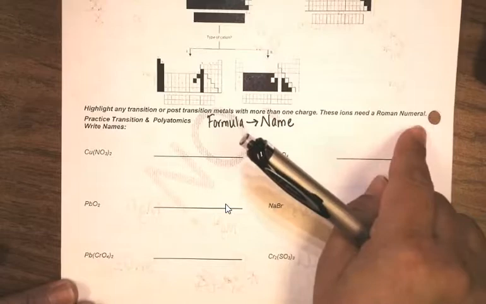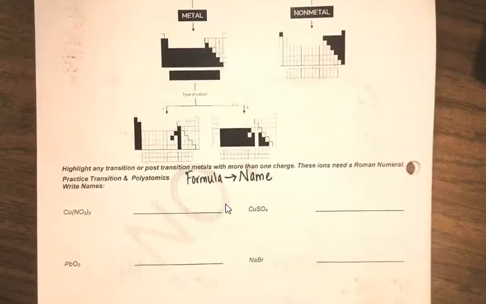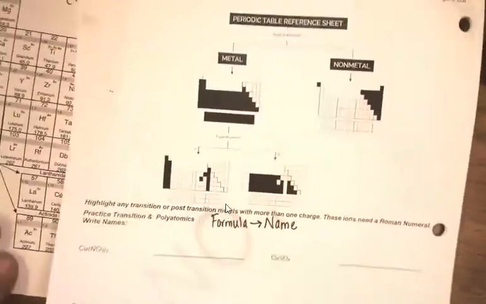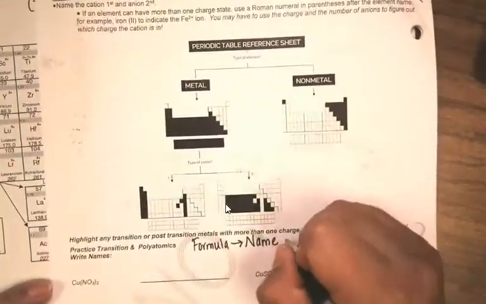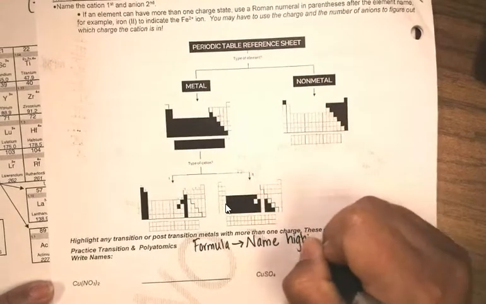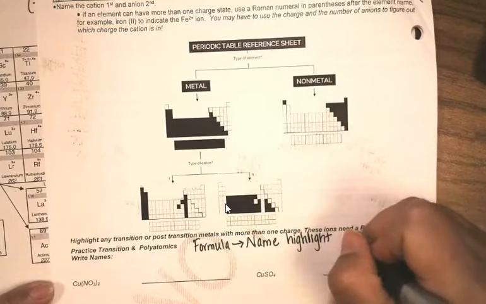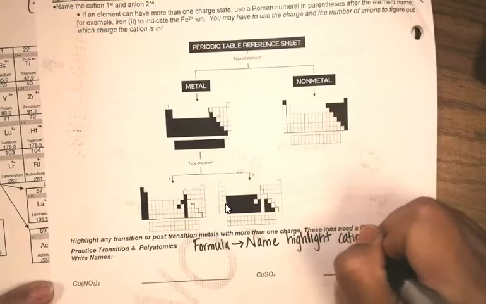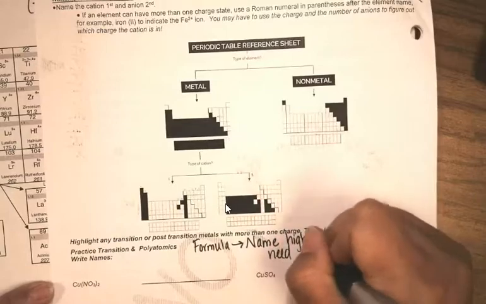These ions need a Roman numeral. Okay, so I like to just look at the periodic table. So when I'm going from formula to name, highlight cations that need Roman numerals. Rn is Roman numerals, okay?